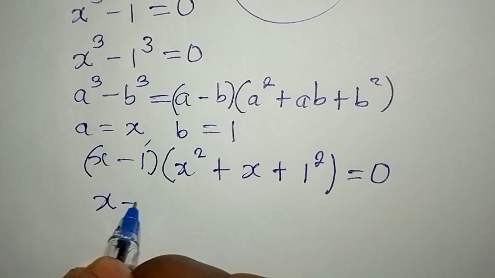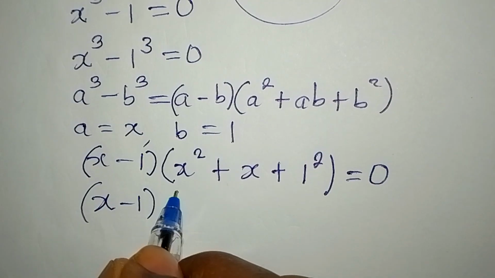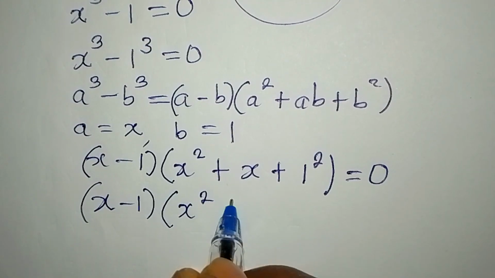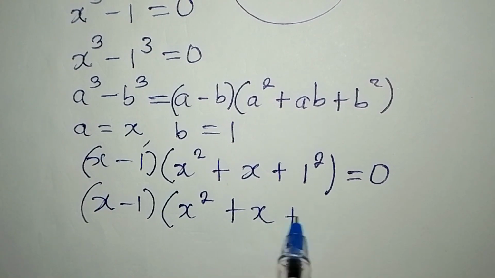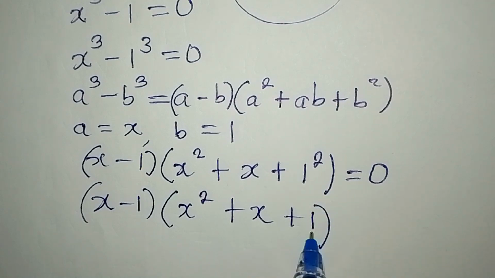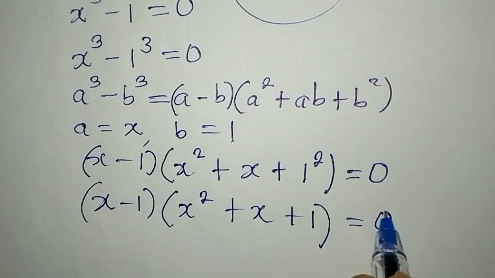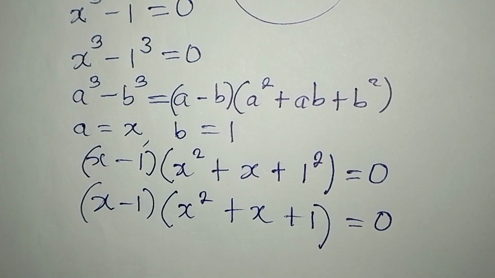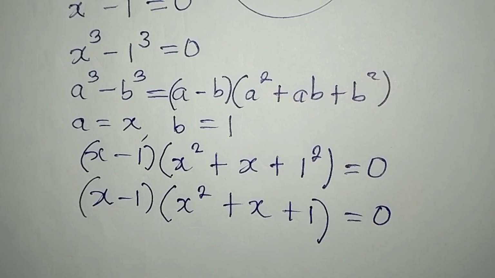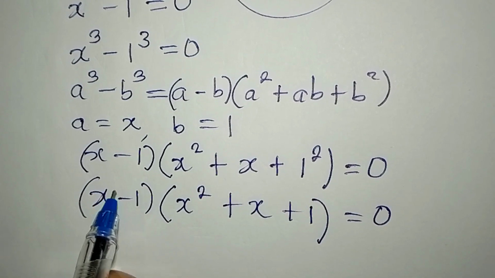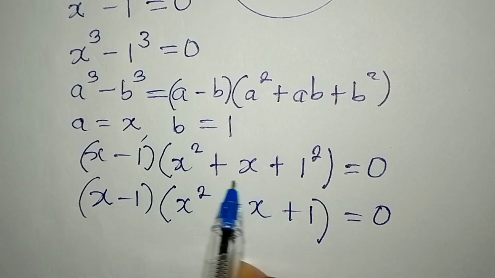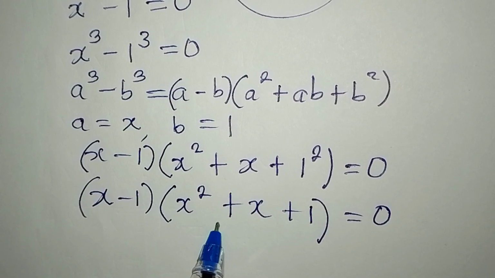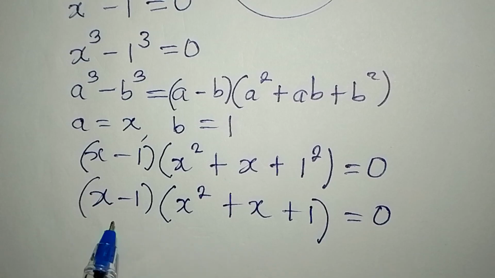Now x minus 1 into x squared plus x plus 1, because 1 squared is still 1, is equal to 0. So from here we can see that we're going to have 3 solutions. Here we're going to have one solution from this linear expression, and from this quadratic expression we're going to have 2 solutions, because we would equate all of them to 0.